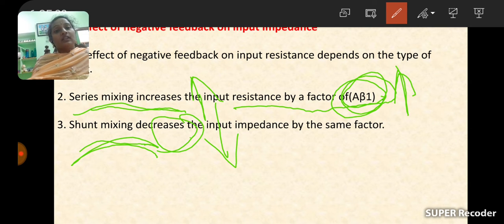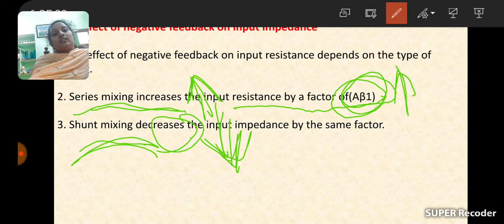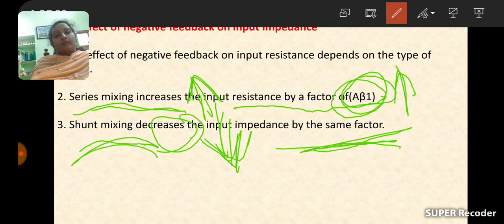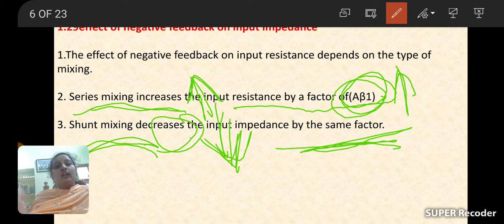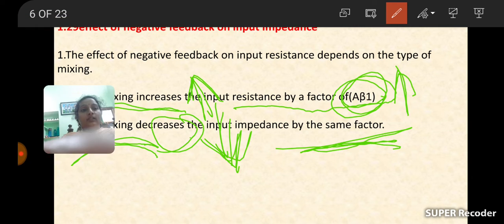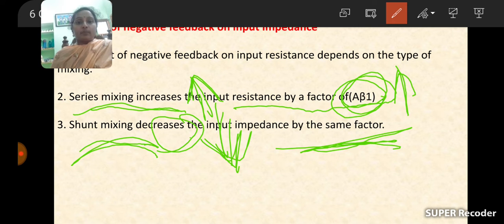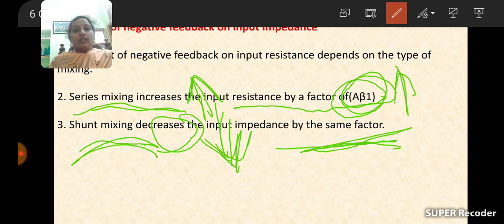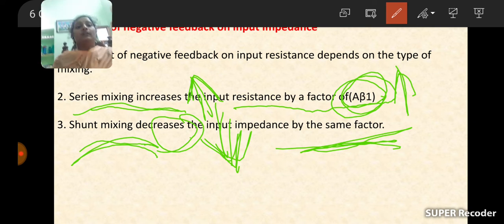Series increases, shunt decreases the input impedance by the same factor. The effect of negative feedback on the input resistance depends upon the type of mixing: series mixing increases the input resistance by a factor of A beta 1.